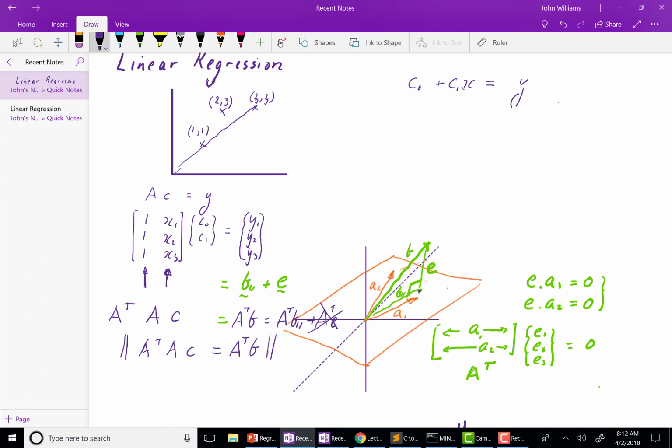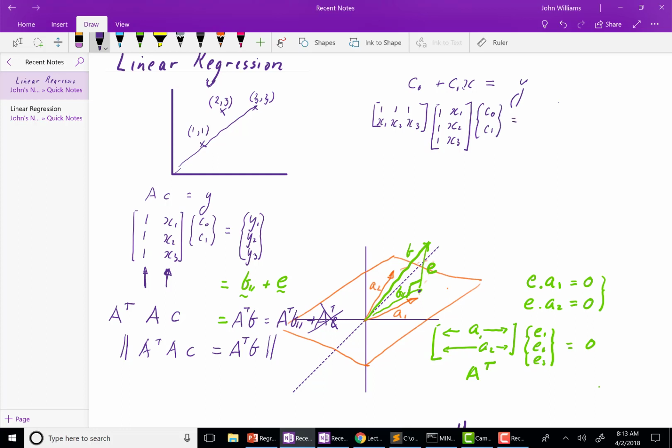But now let's take a look at what A transpose is. So A transpose is the vector 1, 1, 1, x1, x2, x3. So this is A transpose, this is A. Now we have C0, C1 that we're trying to solve for.